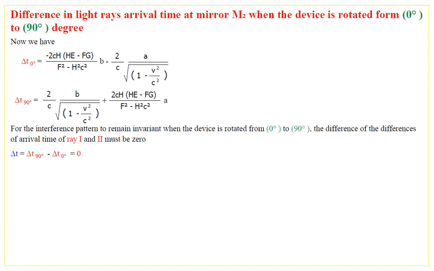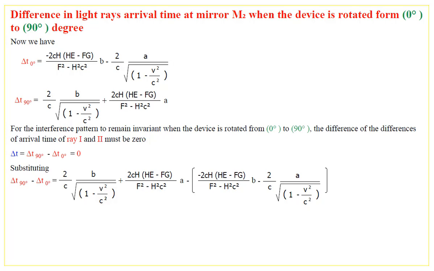For the interference pattern to remain invariant when the device is rotated from 0 degrees to 90 degrees, the difference of the differences of arrival time of ray 1 and 2 must be 0. Substituting. Rearranging.